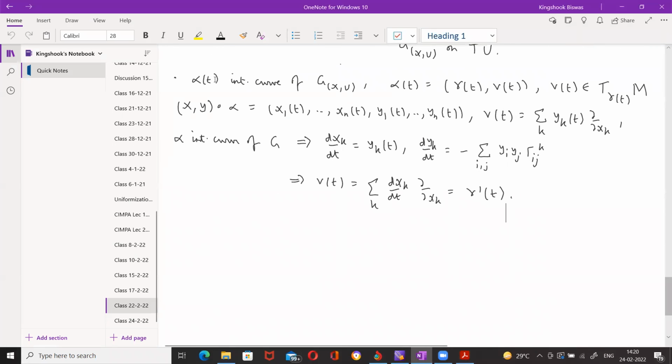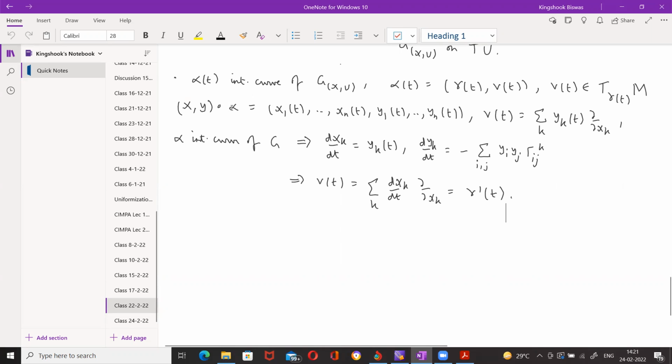So suppose alpha is an integral curve of G_xU. If I look at the coordinates (x, y) on the tangent bundle, alpha has some form (gamma(t), v(t)), where v(t) is a tangent vector in the tangent space at gamma(t). Yes, alpha(t) I can write in this form. Now look at (x, y) composed with alpha.